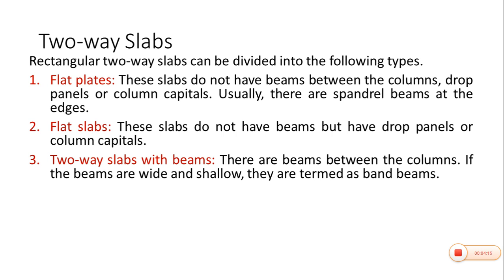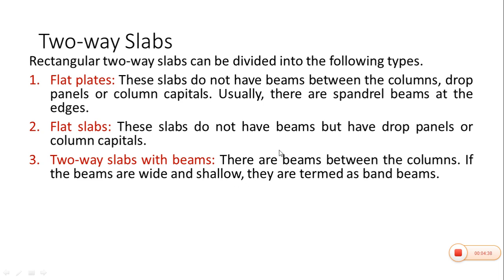Third type is the two-way slab with beams. There are beams between the columns. If the beams are wide and shallow, they are treated as band beams. These two-way slabs consist of beams.